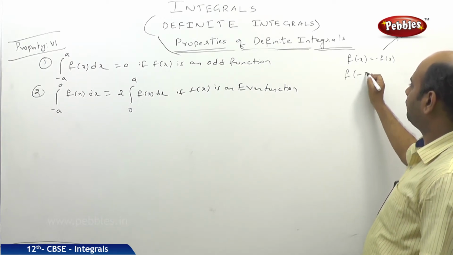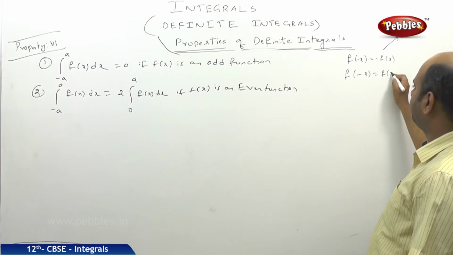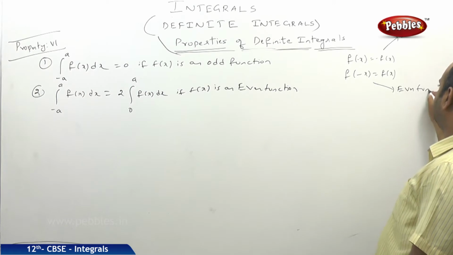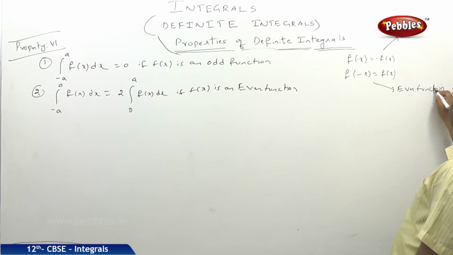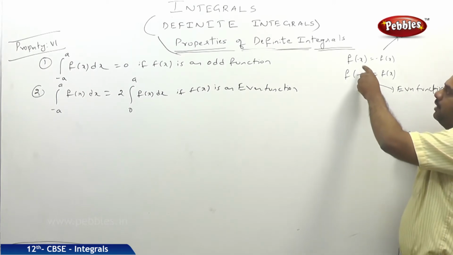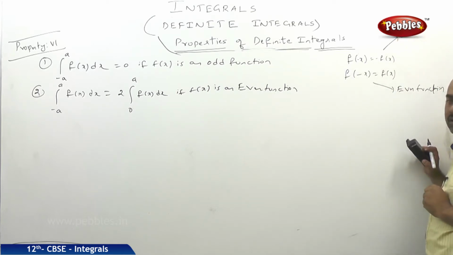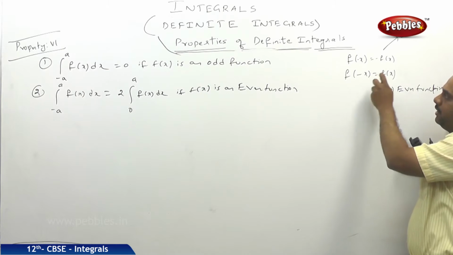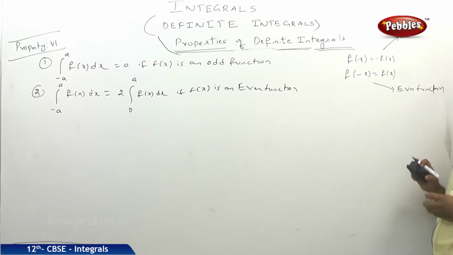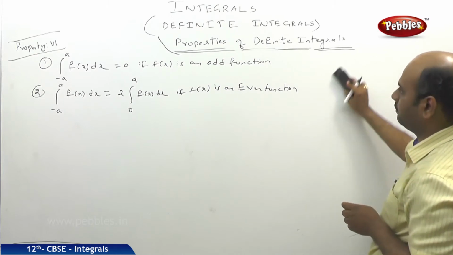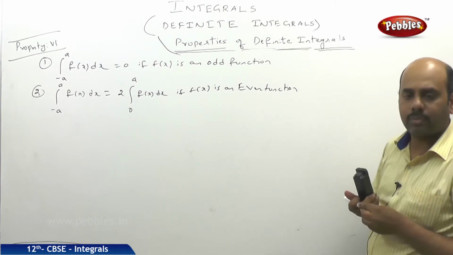If f of minus x is equal to f of x, we call this kind of function an even function. Once again I am repeating, f of minus x equal to minus f of x is an odd function, and f of minus x equal to f of x is an even function. You should remember the definition for proving this particular property.